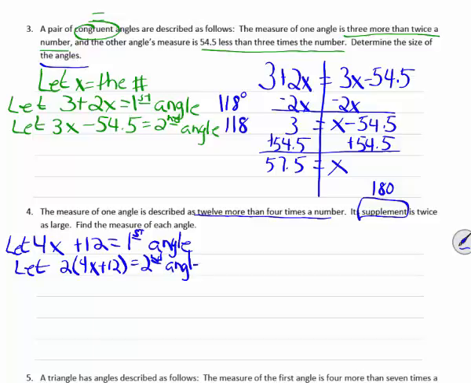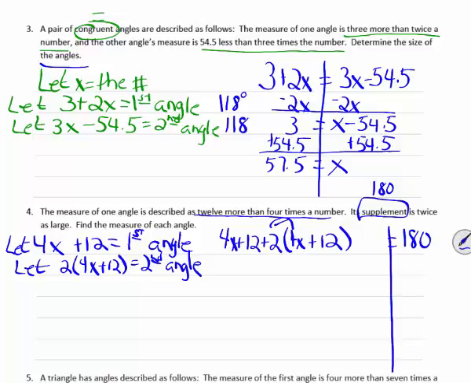The fact that they're supplements is what's going to help me write my equation, because they have to add up to 180 degrees. That's what that means. So 4x plus 12 plus 2 times 4x plus 12 has to equal 180 degrees.